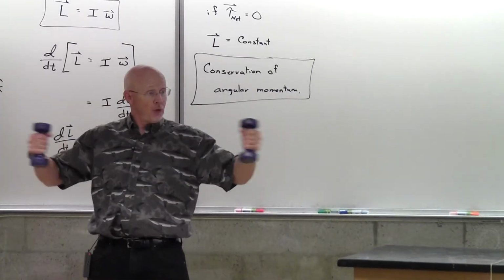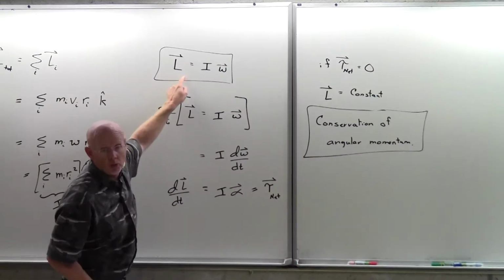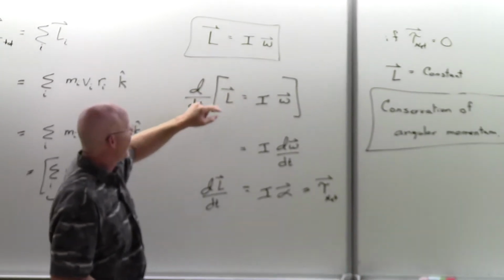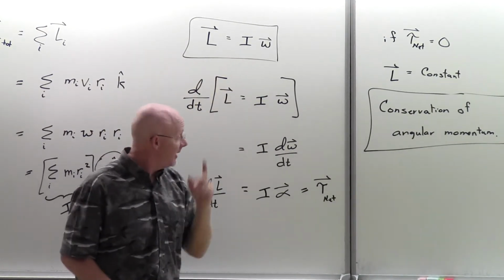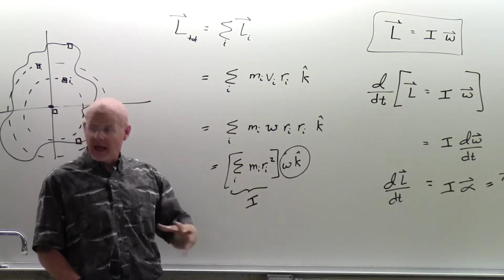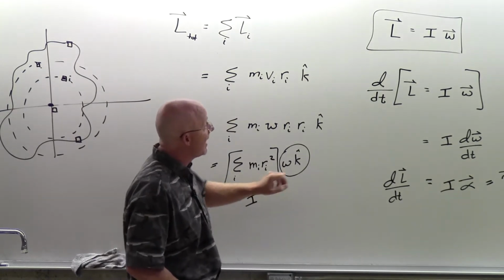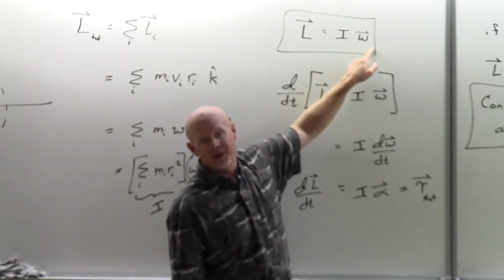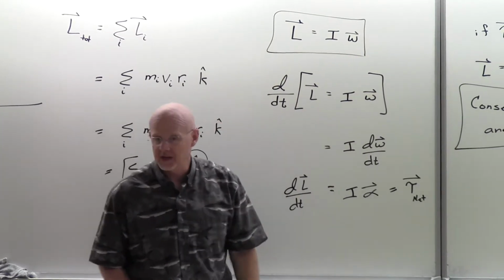And so as I move the weights in and out, what I know is that number won't change. And I am changing that number, right? The moment of inertia is the distribution of the mass. And so as I bring my arms in, this number goes down, which means that number must go up in order for that to remain the same.